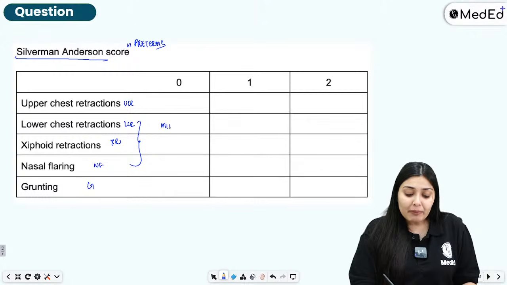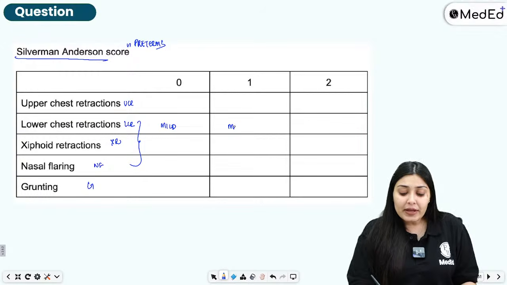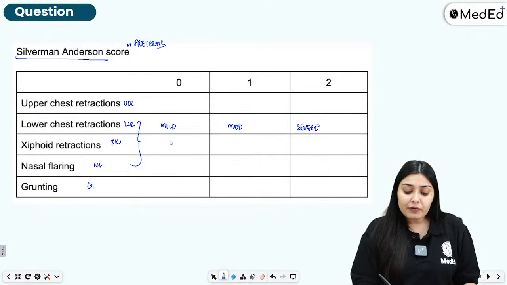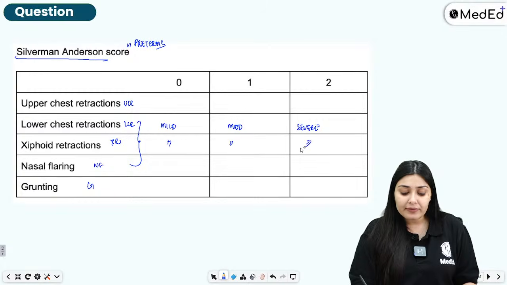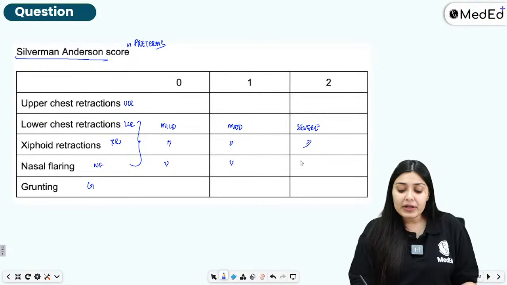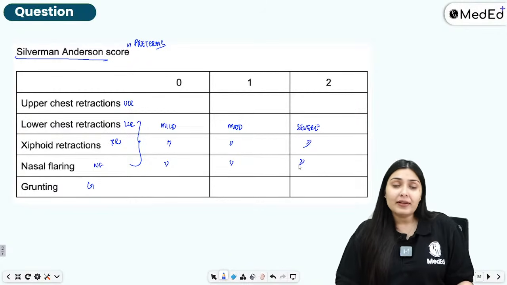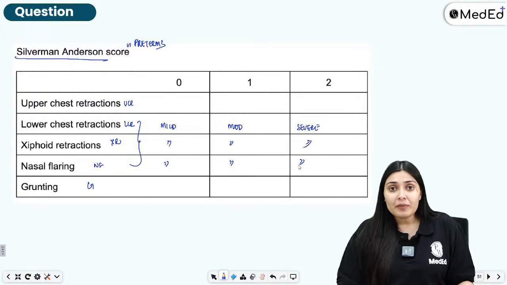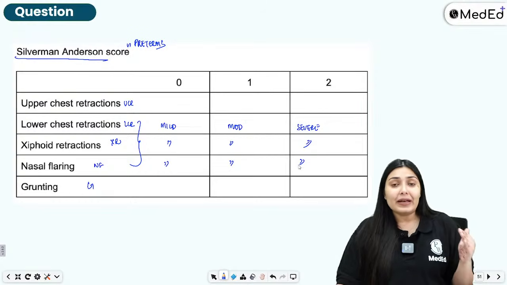Initially you have mild retractions, then moderate, then severe. Same goes for xiphoid: mild, moderate, severe. Same goes for nasal flaring: mild flaring, moderate, marked or severe flaring, 2. Very easy to remember. Let's understand grunting now.